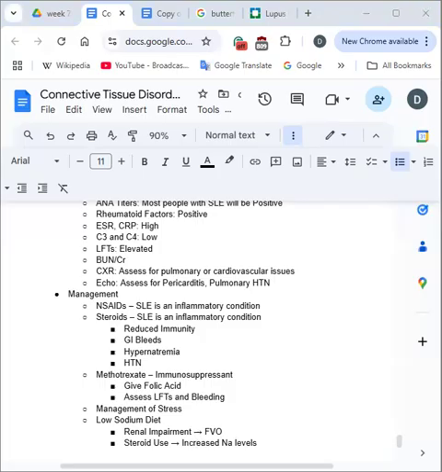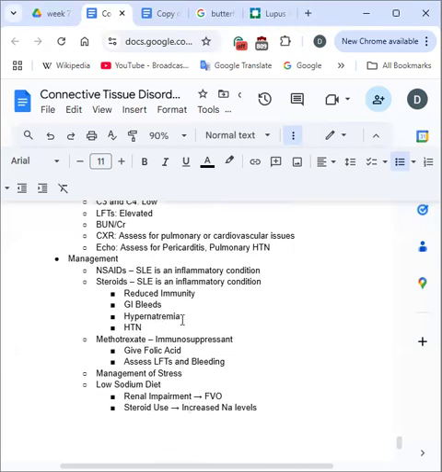Only if kidneys are impaired. It's a little combination, like I said, the steroid use and side effects of steroids, Cushing syndrome, because those effects from Cushing syndrome are a result of the steroids.